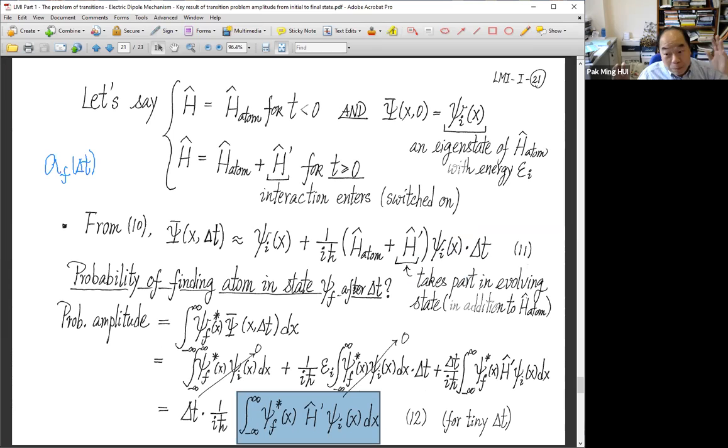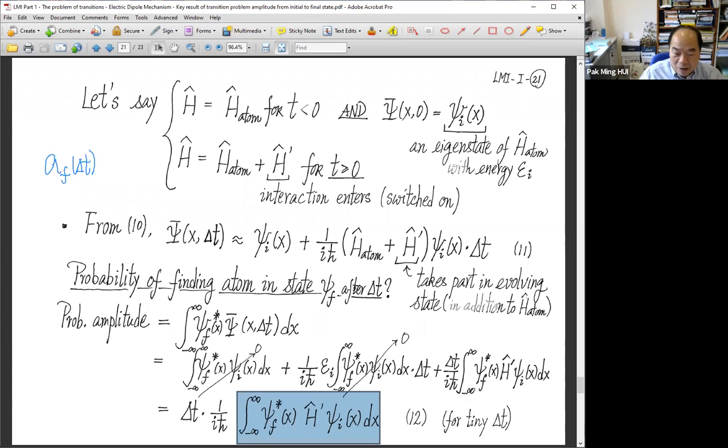With this very brief, very rough discussion, we have found one integral that is crucial in determining whether there will be a chance that the atom in the initial state can be found in the final state at a later time.